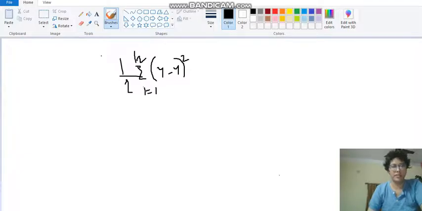I think it is clear. And this is the formula of the loss and cost function in mean squared error.